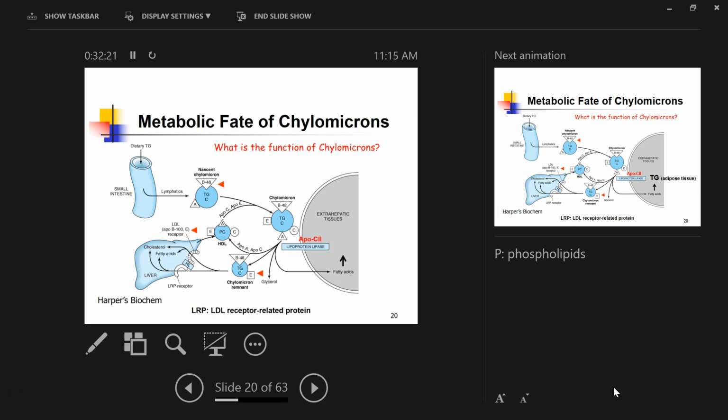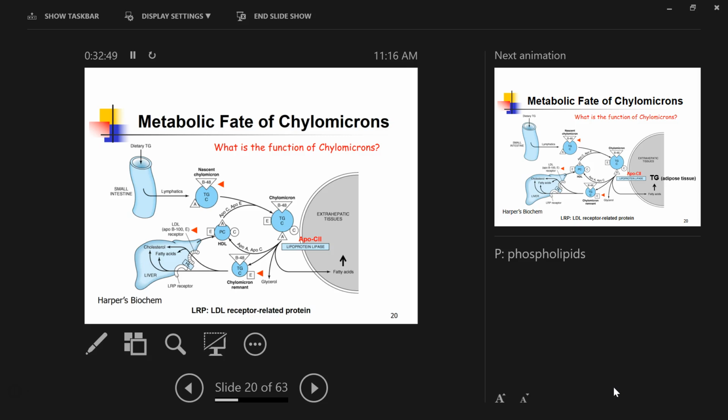So mature chylomicron arrives at the adipose tissue. And the one important step before triglyceride can be released from the chylomicron and picked up by fat tissue is the lipoprotein lipase activity. So lipoprotein lipase is involved in this process.